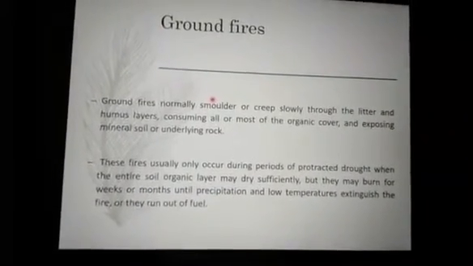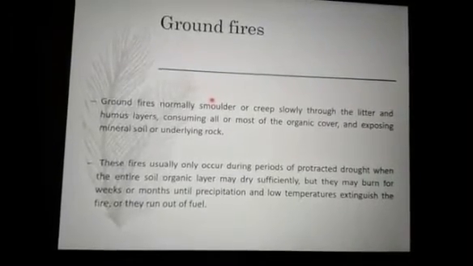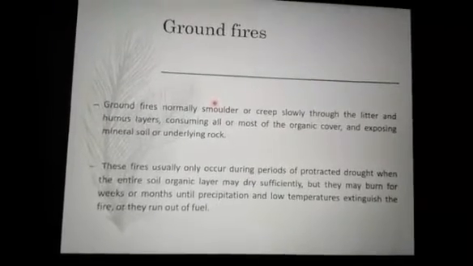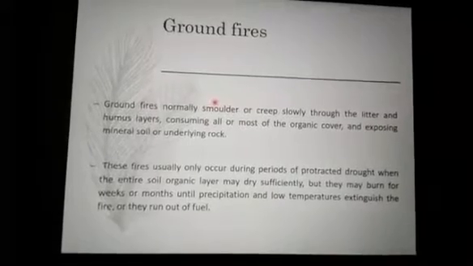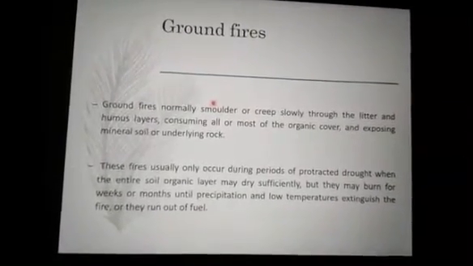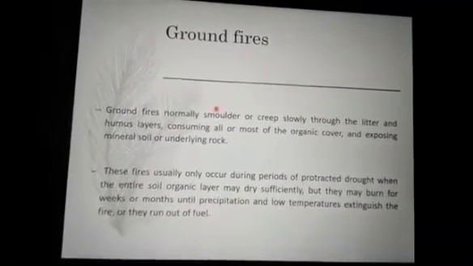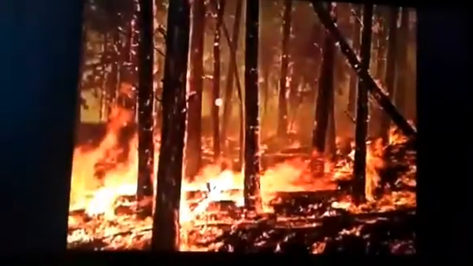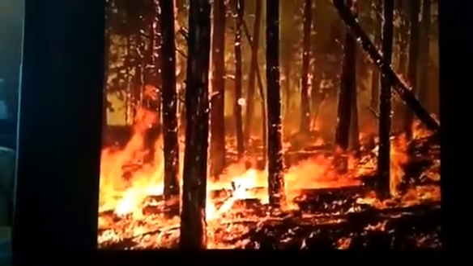These fires usually only occur during periods of protracted drought, when the entire soil organic layer may dry sufficiently. They may burn for weeks or even months until precipitation and low temperature extinguish the fire, or they run out of fuel. So this is how detrimental the ground fire is.